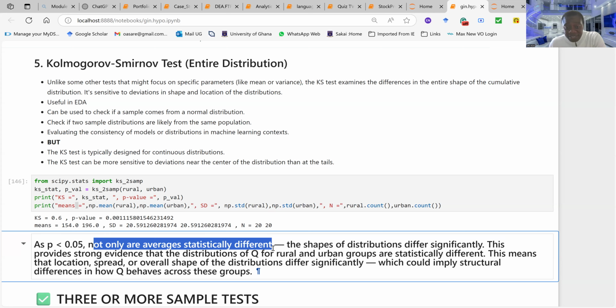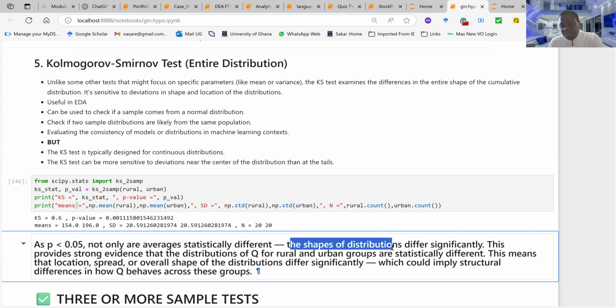Guys, this is a good test. Not only the measures of central tendency, the shapes of the distributions also differ significantly, which provides strong statistical evidence that the distributions of quantity demanded for both rural and urban groups are statistically different.